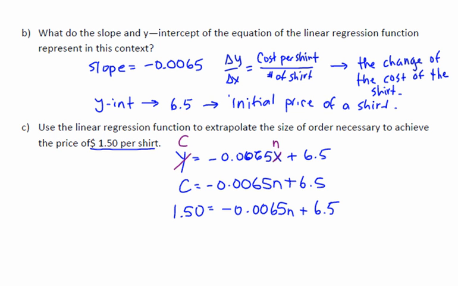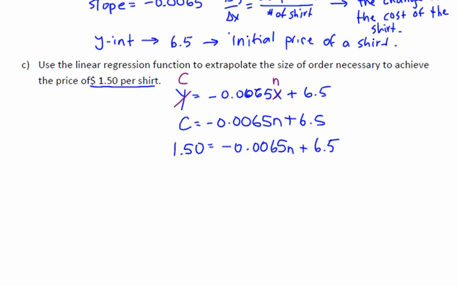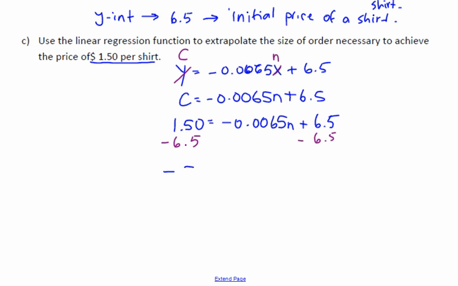Okay, let's solve for n. How do we do that? Get it by itself. First step, subtract 6.5, which gives us negative 5. So negative 5 equals negative 0.0065n. And then divide both sides by negative 0.0065.